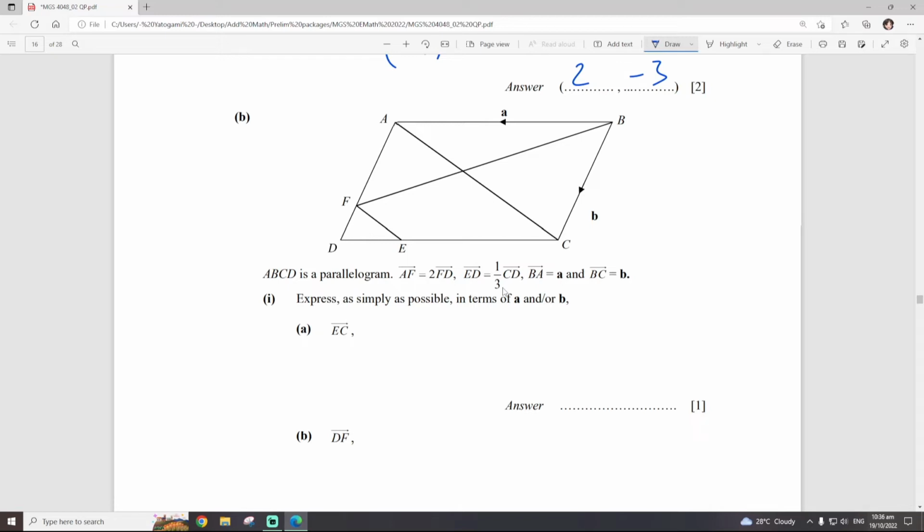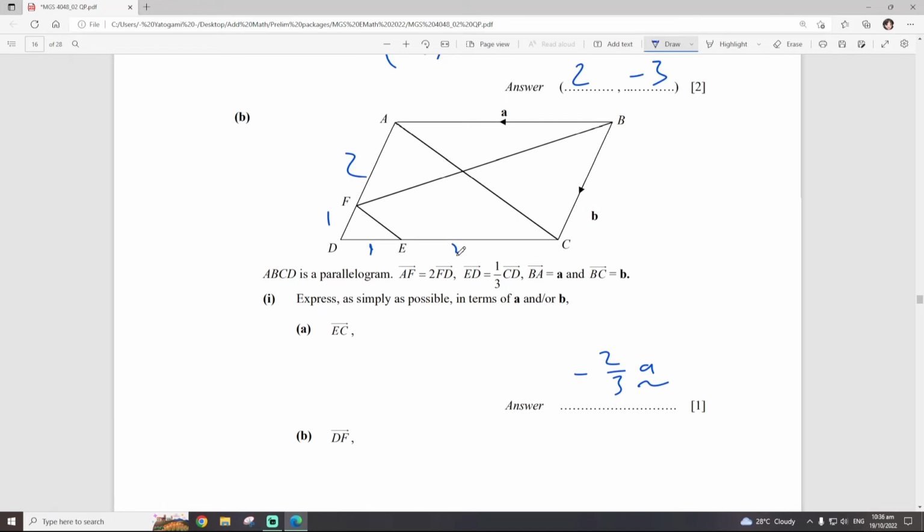Meaning that FD is 1/3 of AD. Okay, so actually these are the same ratio. So this is 1/1 and this is 2/2. It's the same ratio. EC is going to be minus 2/3 of A. I'm not going to write reasons out for this because there's only one mark.